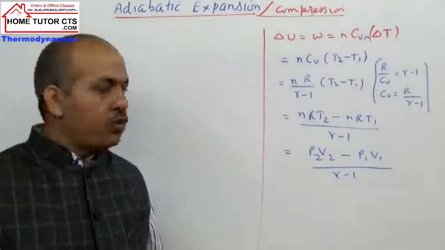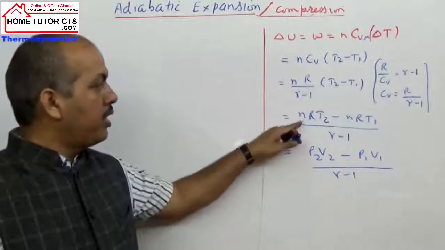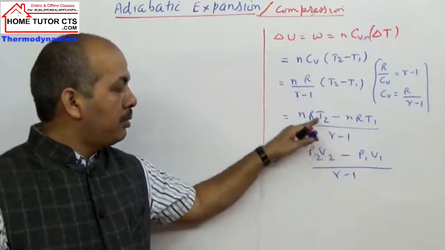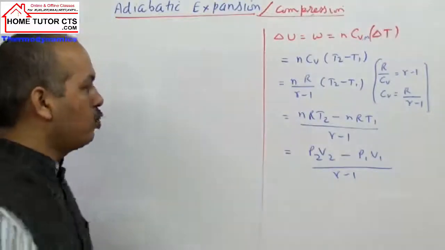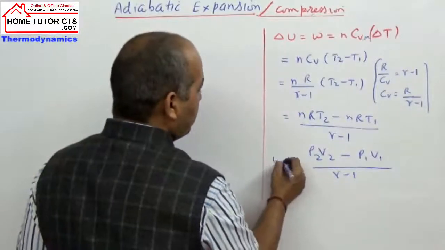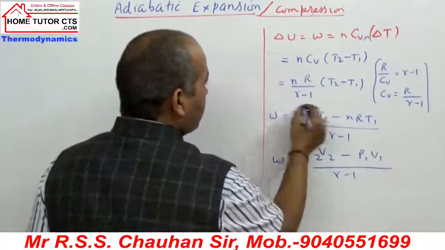As per gas equation, PV is equal to nRT, so nRT2 minus nRT1 over gamma minus 1. Expression we can write in these two ways. So it is delta U or work, we can write in these different forms.